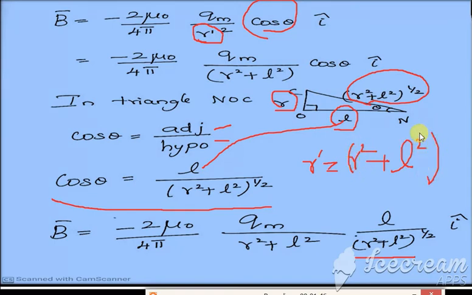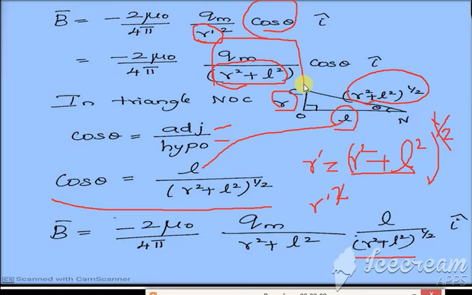So this is the value of r dash, but here we are having the value r dash square. So when you write this r dash square, this square and this 1 by 2 get cancelled, and so we'll be getting just r square plus L square. So only I am writing here just r square plus L square.